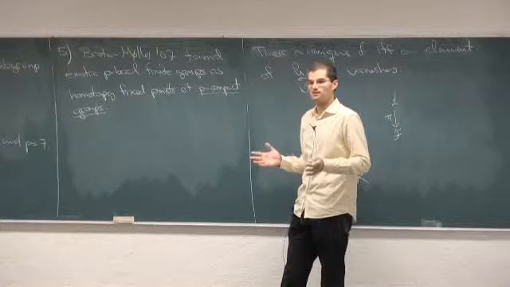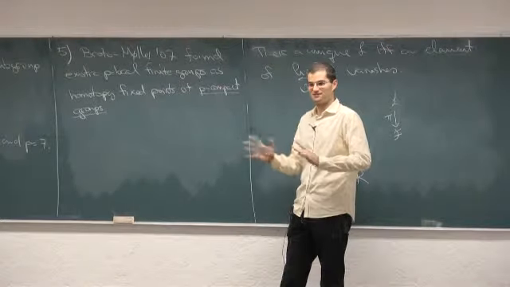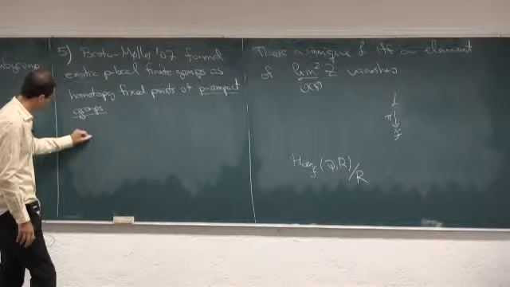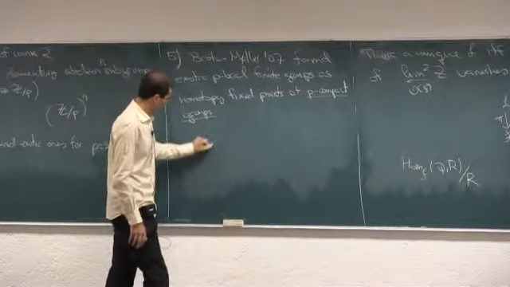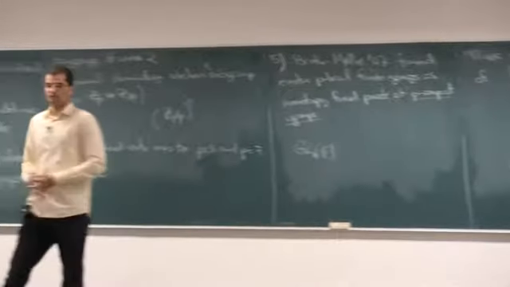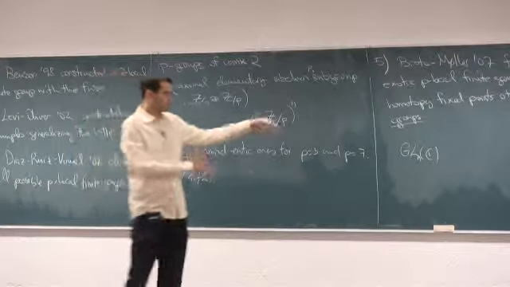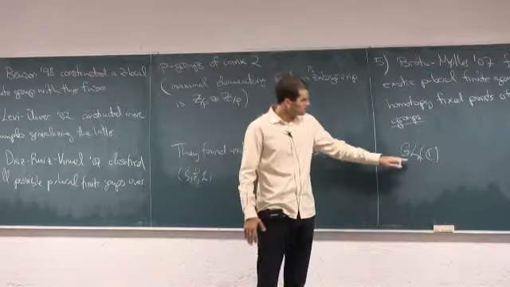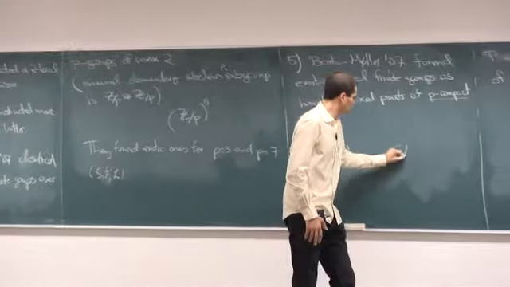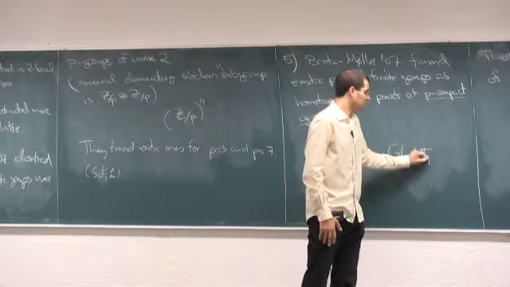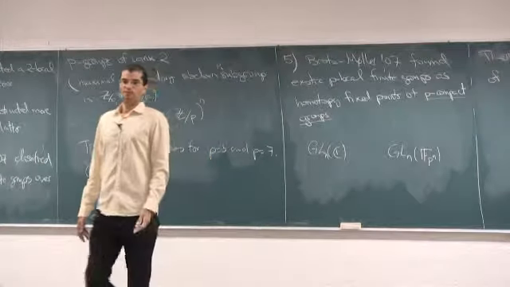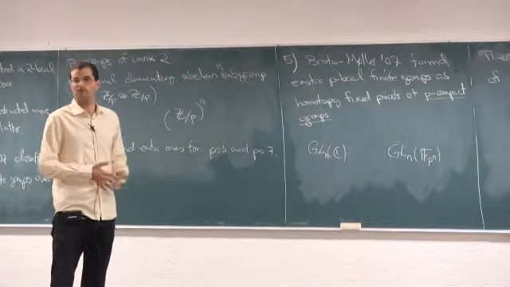Anybody hear about groups of Lie type? More or less? So let's say that, for instance, you can talk about the general linear group of order n associated to the complex numbers, right? This is a Lie group, not compact, but has compact versions. But one could also talk about the general linear group over finite fields, for instance. And these finite groups are important in the classification of finite simple groups.